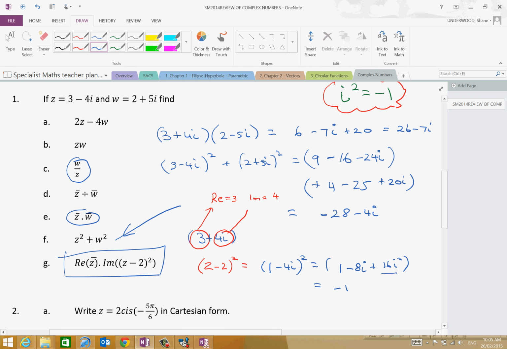So we're looking at negative 15 minus 8i. Now, we're multiplying the imaginary part of this. The imaginary part of this is what? Someone shout it out. Negative 8. So therefore the answer is the real of z bar, which is 3, times negative 8, which is equal to negative 24. Can I get a show of hands for students that got that?